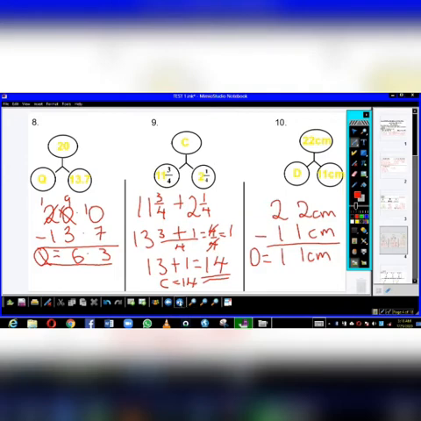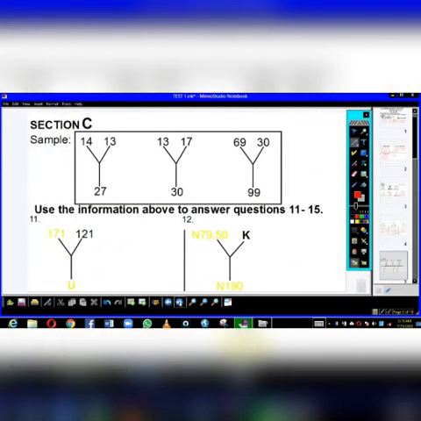Now let's proceed to section C. In this section we are going to add, that is 14 plus 13 is equals to 4 plus 3 will give me 7, 1 plus 1 will give me 2. Now we are going to use this method to find the value of the letters or the missing numbers.